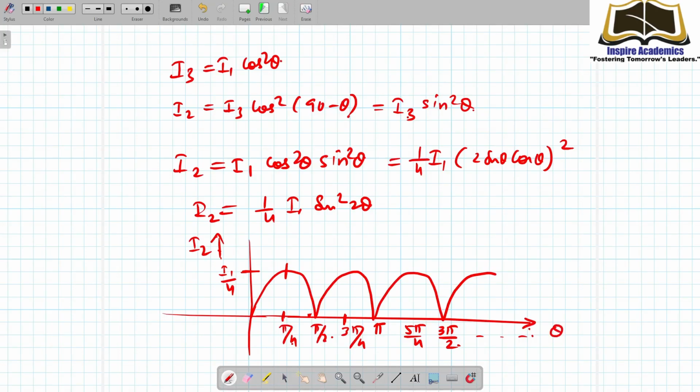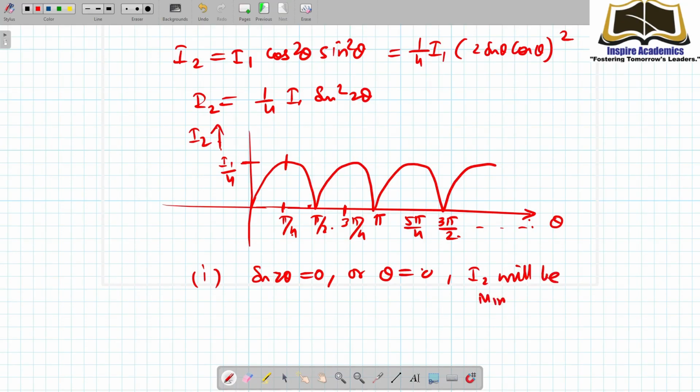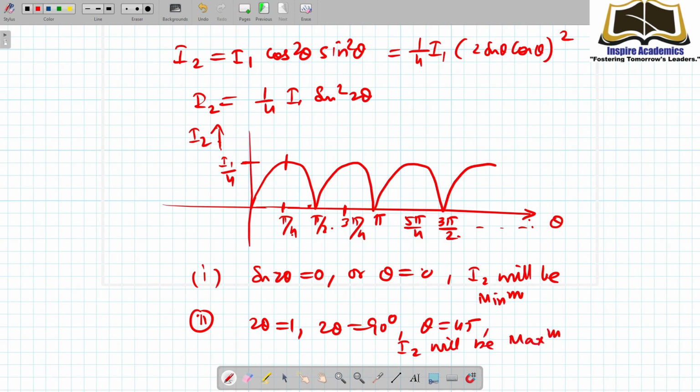Okay, so transmitted intensity, obviously sin 2 theta is 0 when theta is 0. So you get minima, I2 will be minimum. And when 2 theta is 90 degree, which means theta is 45, you will get a maxima. So I2 will be maximum. Tell me, is the concept of polarization clear?